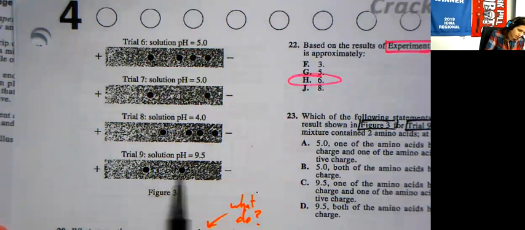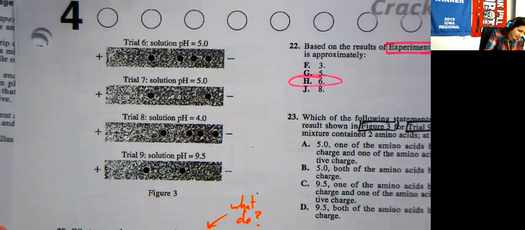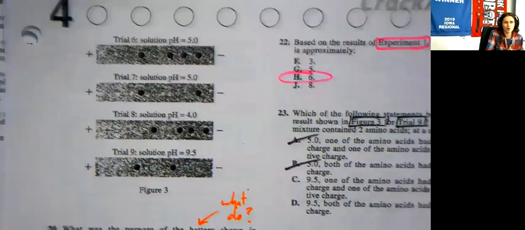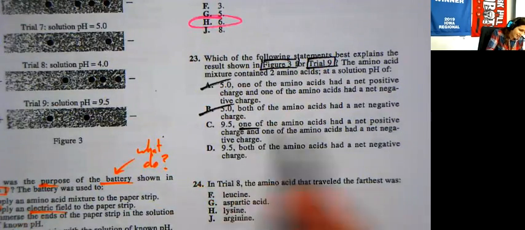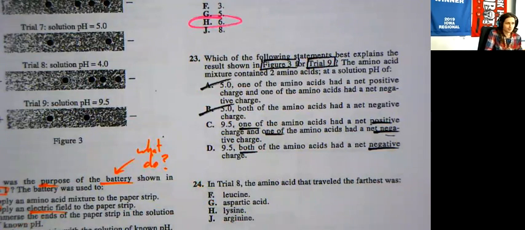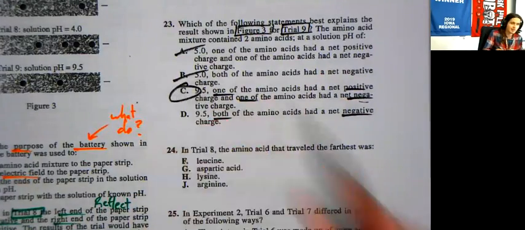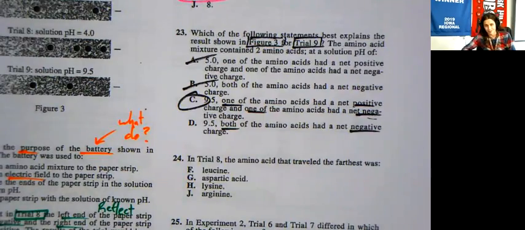Trial 9, figure 3, that's a pH of 9.5. I don't know anything, but I can cross out options. Does one have positive and one have negative, or are both negative? Looks like one's positive and one's negative. I don't know what's going on here, but I can eliminate options that don't look plausible.